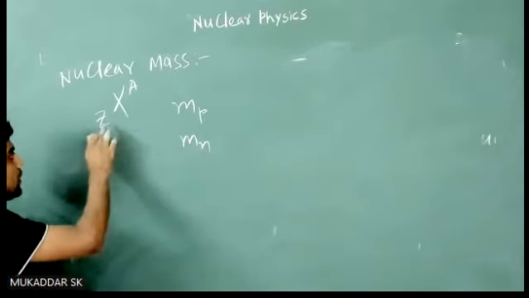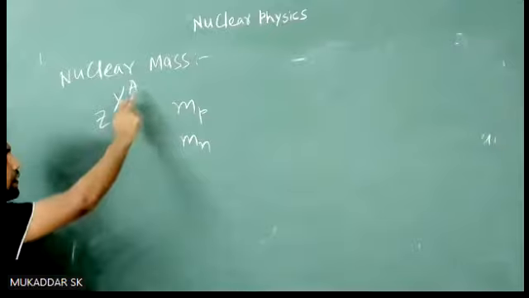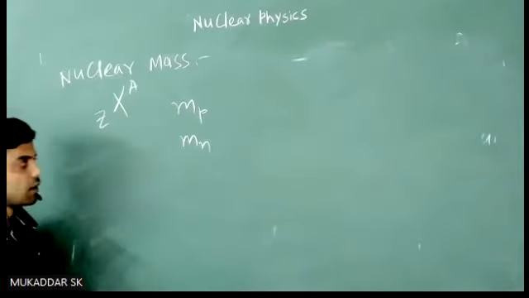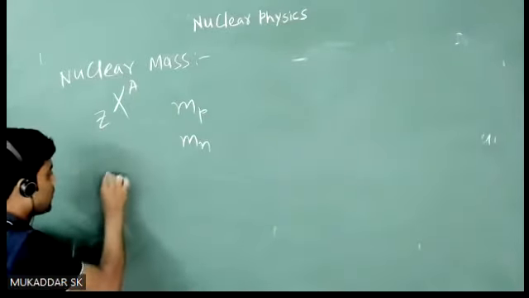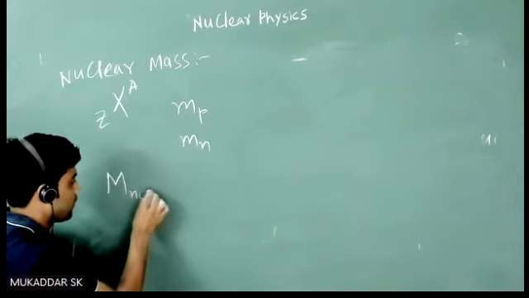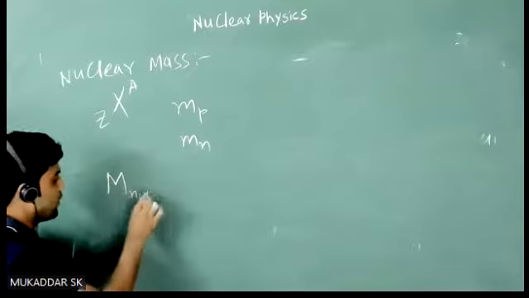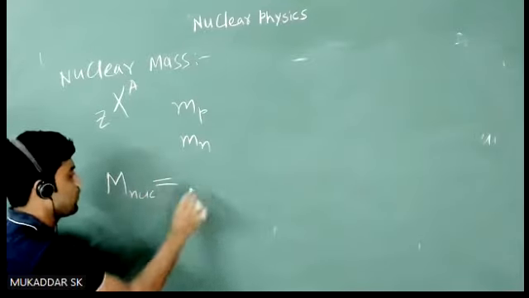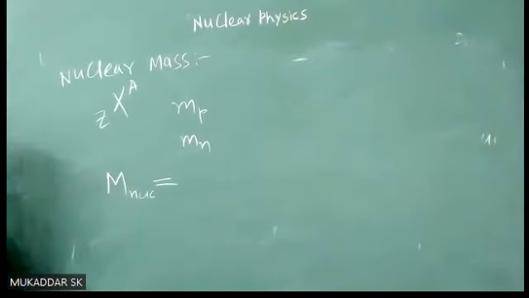Here the number of protons is Z, and A minus Z is the number of neutrons. Then the mass of the nucleus, let us give it the notation capital M nuc, means mass of nucleus.